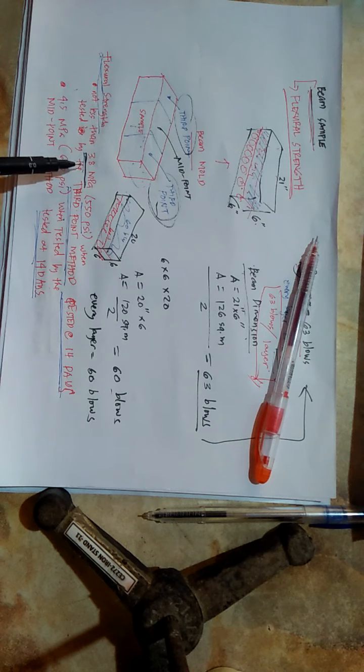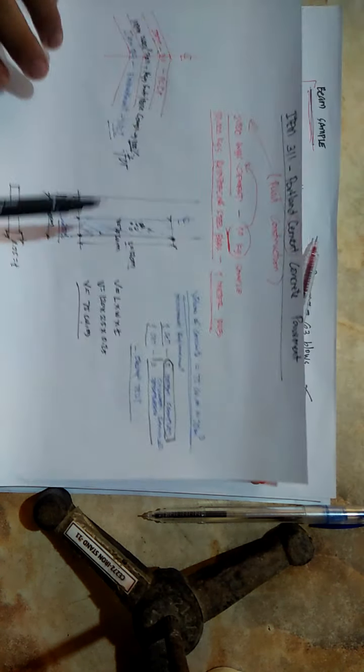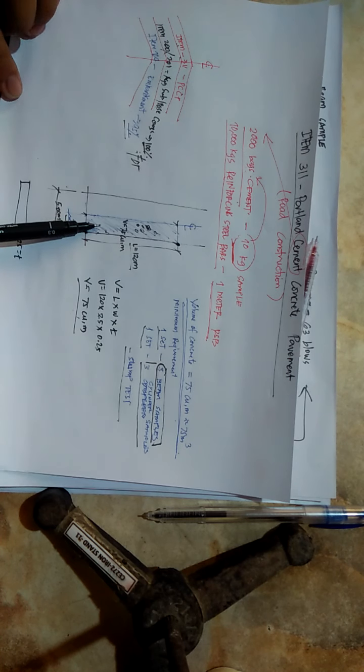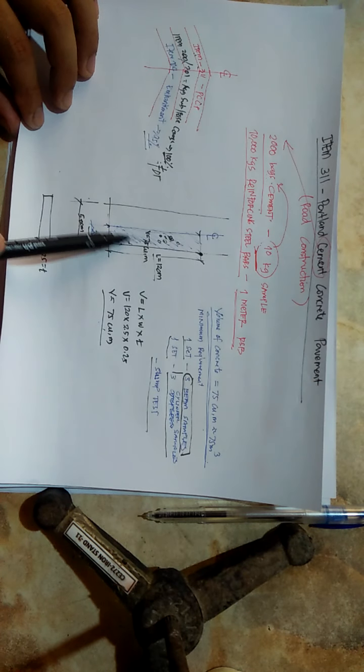So, pag above 3.8 megapascal, meaning to say, yung konkreto na binuhos mo dito, malakas at na-meet niya yung specific requirement. Kasi kapag hindi niya na-meet yung 3.8 megapascal, may tendency na mahina ito.